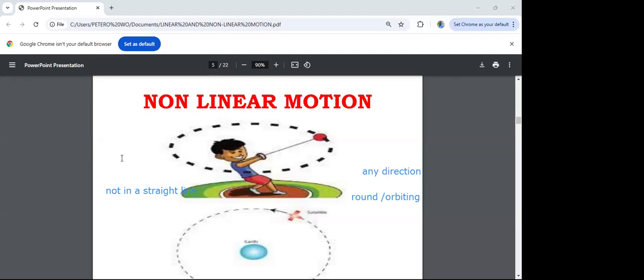Any other person? Maria? I think nonlinear motion is one in which the object does not traverse in a straight path.